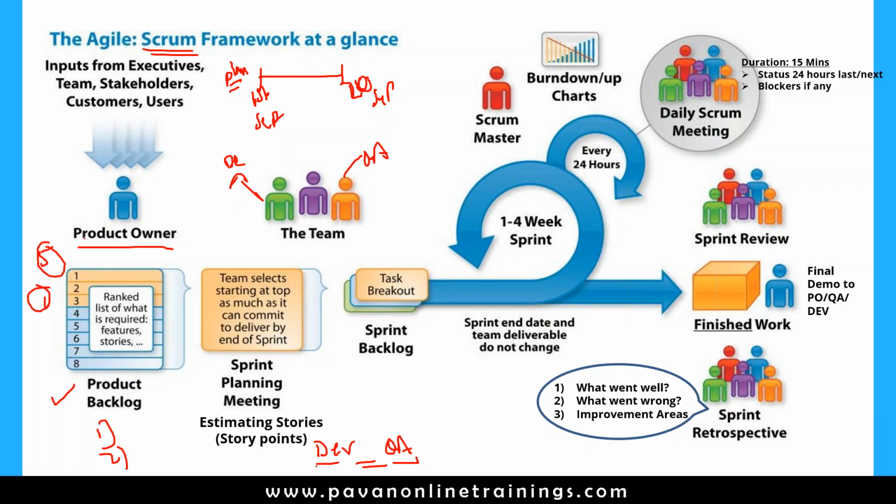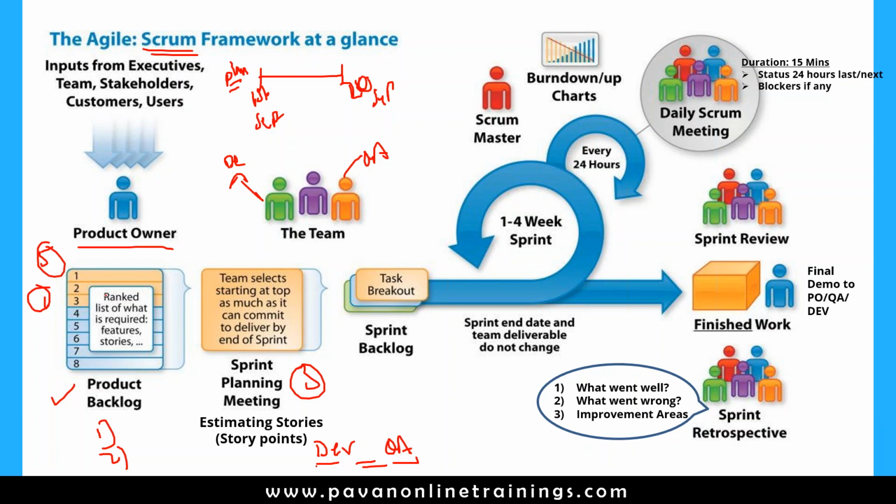So dev and QA will estimate all 5 stories, and sometimes they say, okay, it is possible. Or if the stories are very complex, dev and QA will say, we cannot accommodate 5 stories in the first sprint itself, we can implement only 3 stories in the first sprint, and the rest in the next sprint. That's how the communication will happen during the sprint planning meeting.